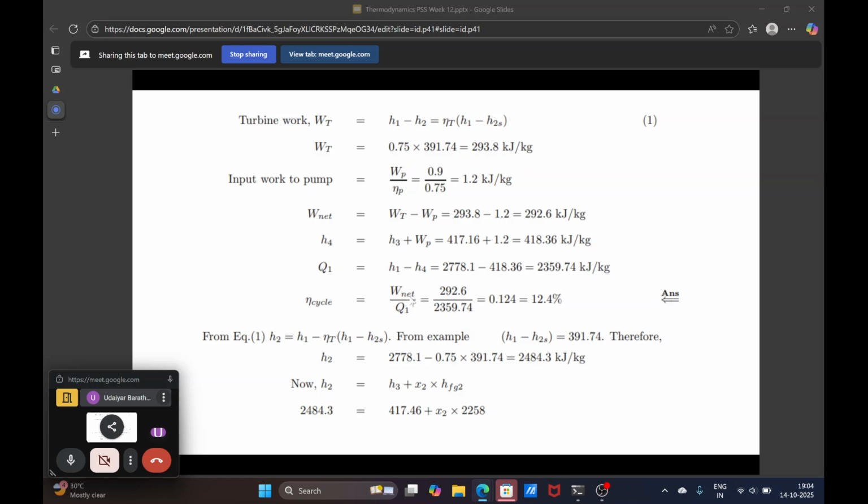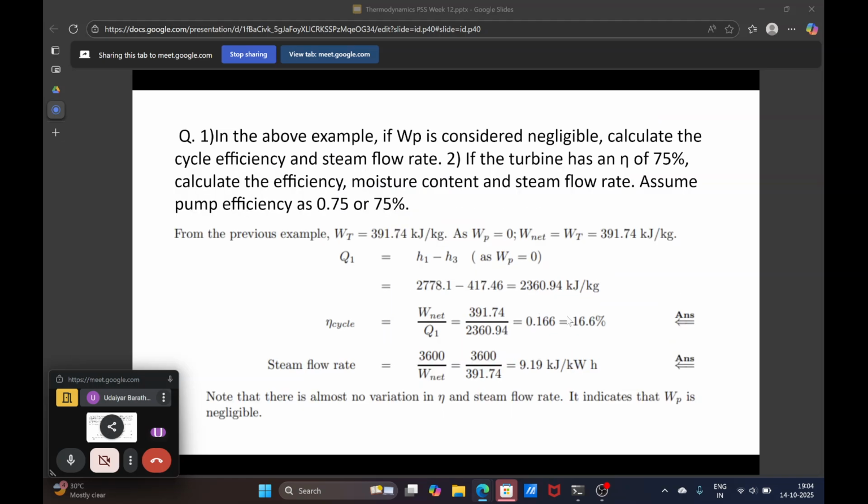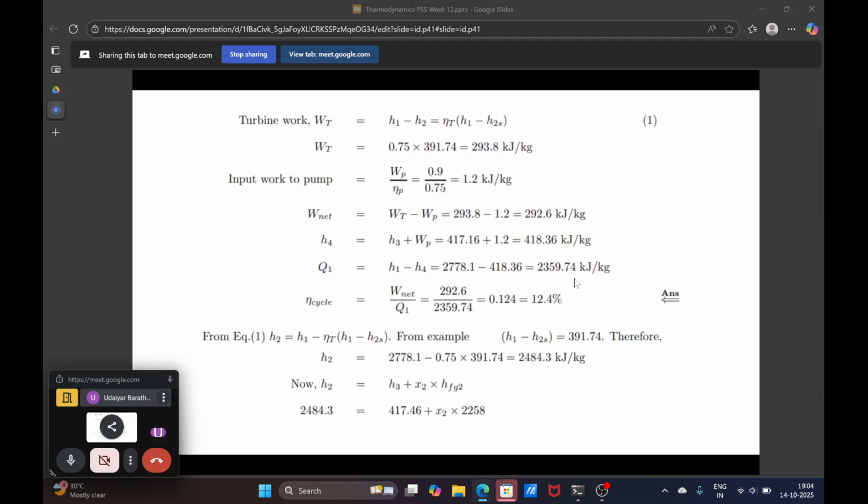So the efficiency of the cycle is now W net by Qin. That comes out to be 0.124, 12.4%. Previously it was 16.6%. So having a 75% efficiency of the turbine has reduced it to 12.4%.